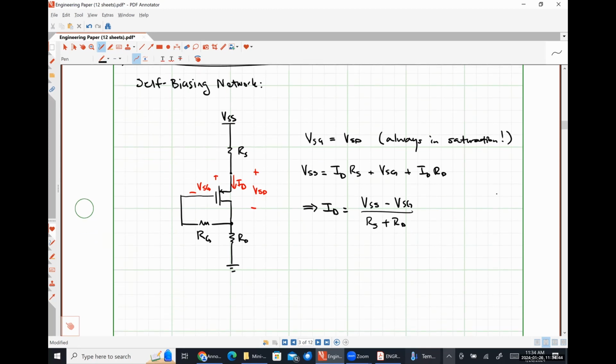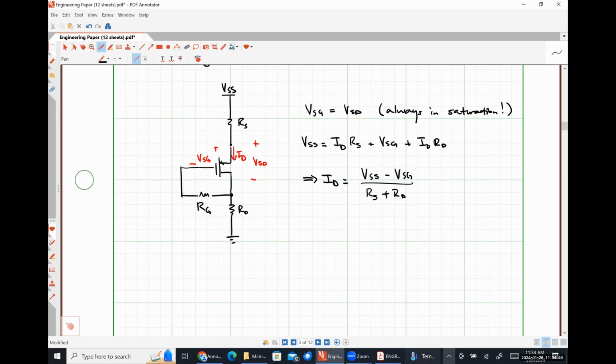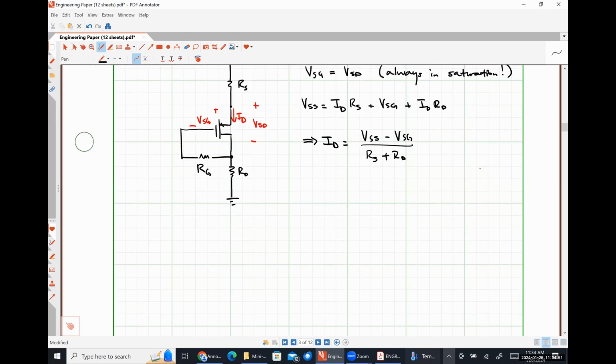And so now we're going to set this equal to our drain current relationship for saturation mode region.